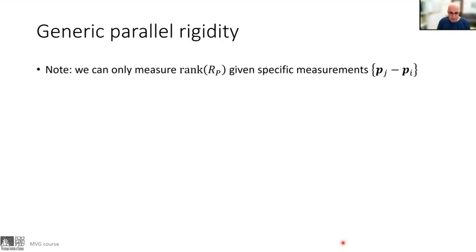But what we really want is to say, given a generic graph, where we don't have P1 to Pn, whether the graph is parallel rigid. We can know the rank of Rp only for specific measurements.